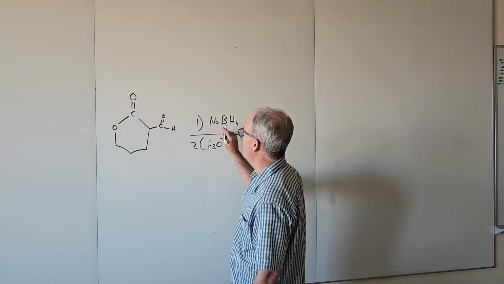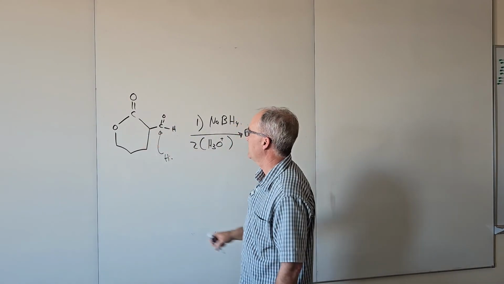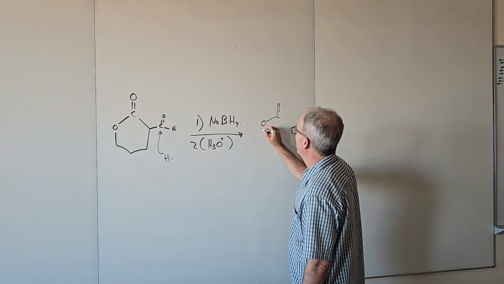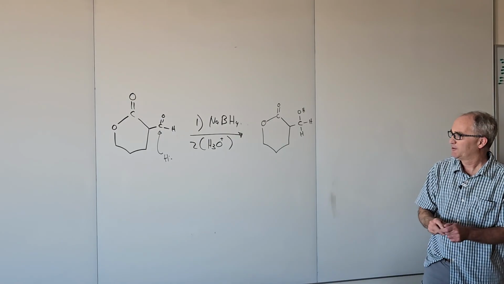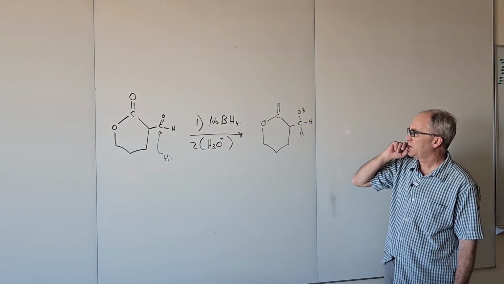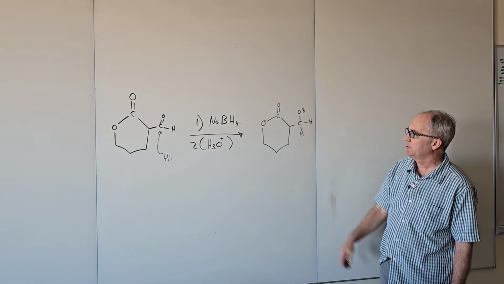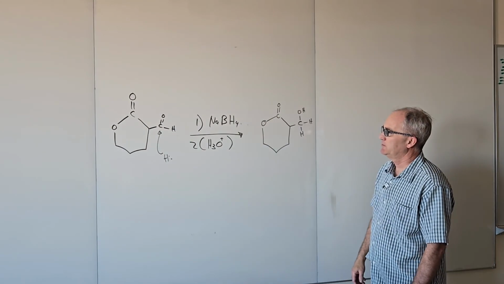So hydride is going to go to the aldehyde, and it doesn't go to the ester, so we still have our ester. This aldehyde group gets reduced into an alcohol group. Aldehydes turn into primary alcohols, and this ester group is left alone.